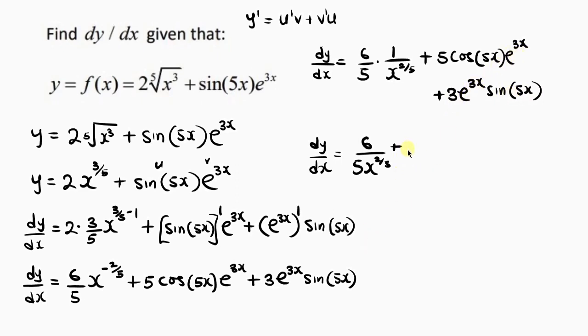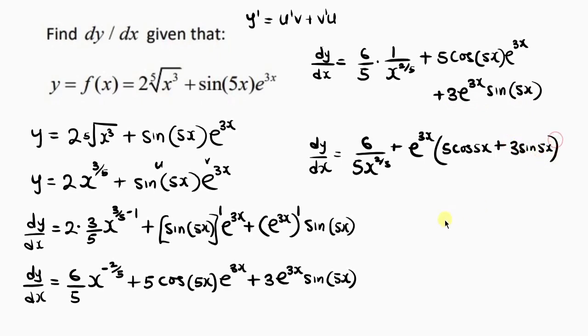So we have to factorize that out. Exponential 3x is common. So bring it out. Now, what will remain here? I have 5 cos 5x plus what will remain here is 3 sine 5x. So write it down. 3 sine 5x.